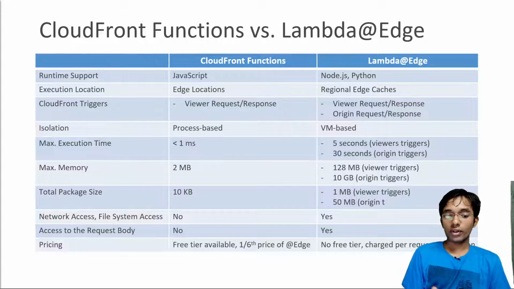So CloudFront function is really about reading headers and so on. And the pricing is that there's a free tier for the CloudFront function, and it's 1/6 of the price of Lambda@Edge. Lambda@Edge has no free tier available, and you get charged per request and duration.